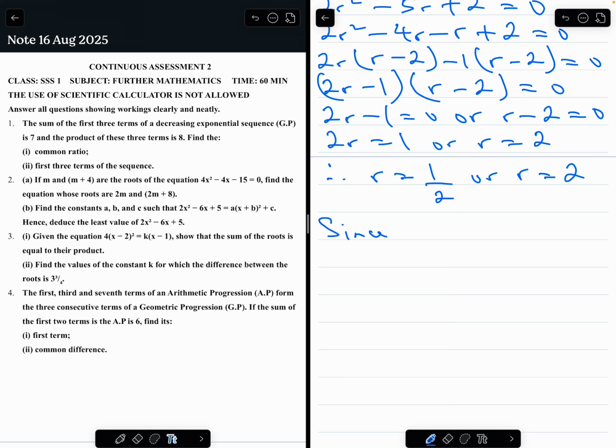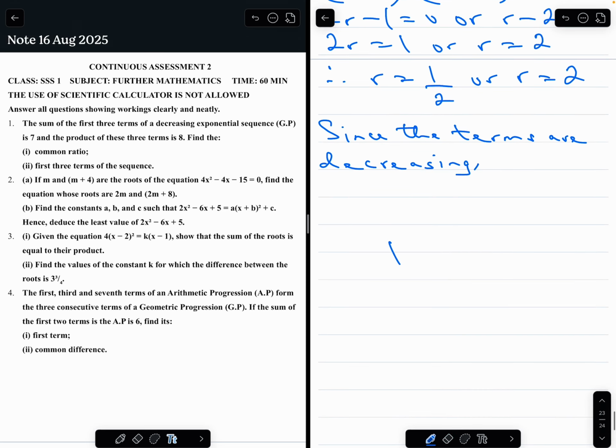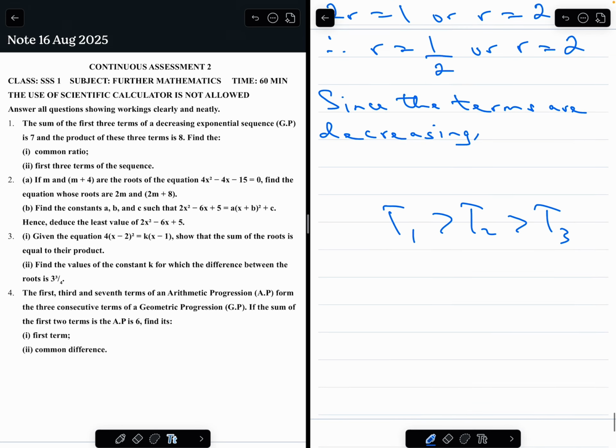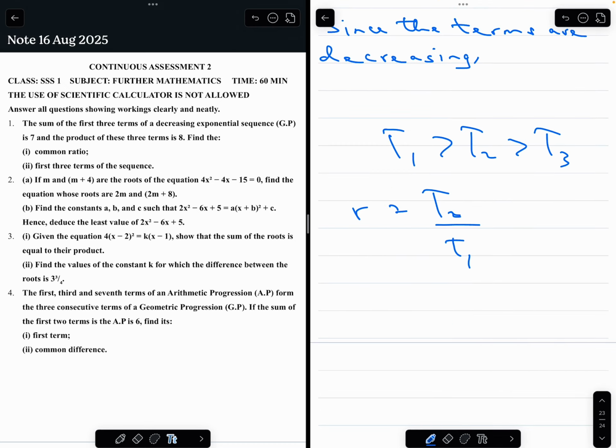Since the terms of the sequence are decreasing, that simply means T1 is bigger than T2, T2 is bigger than T3, and that means the common ratio, which is T2 over T1, or if you like T3 over T2, will be less than 1, because T2 will be smaller than T1.